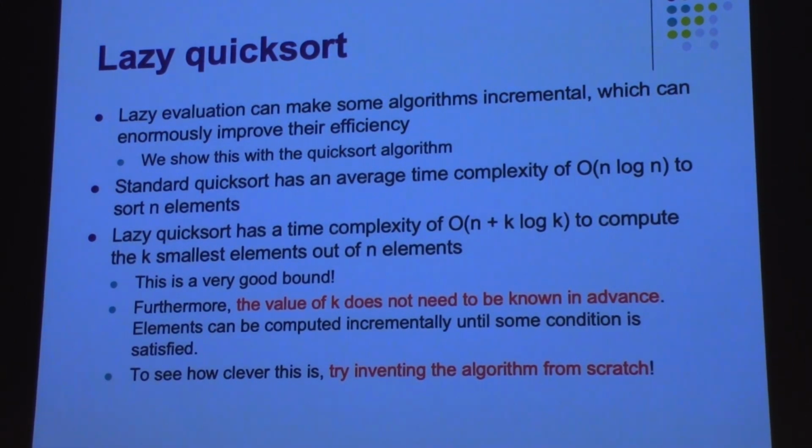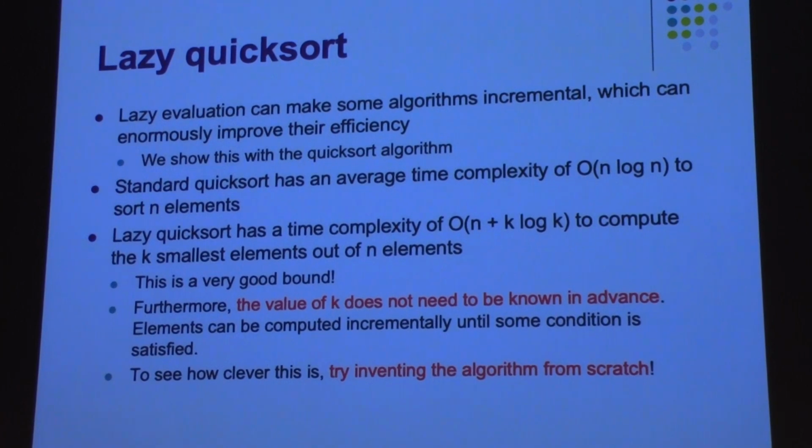Maybe we only need the smallest element, and then k is equal to 1, okay? In that case, the time complexity will be order n. Maybe we only need the first two smallest elements, and then it will be just a little bit more than n, okay?